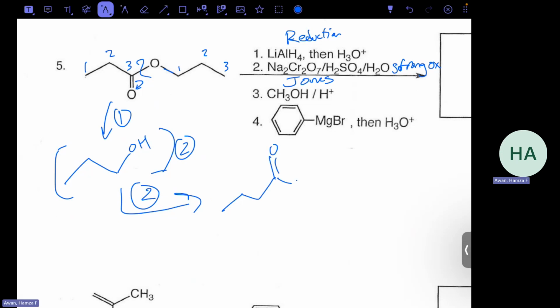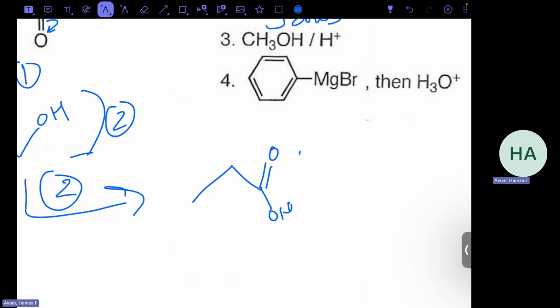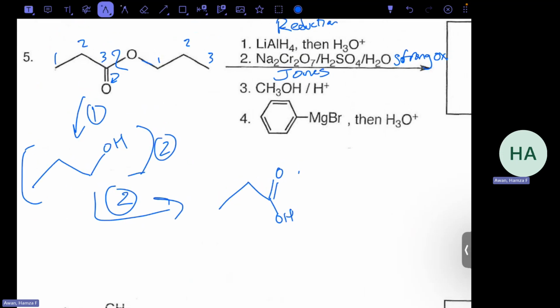Double bond O, OH. My bad, it should have 3 carbons. Double bond O, OH. Okay. So that is our carboxylic acid that we have.